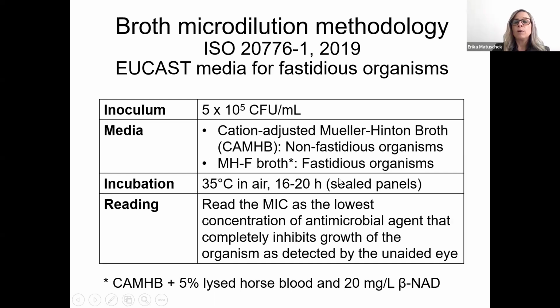So in the EUCAST documents, you will find the recommendation for fastidious organisms, which is to use MH-F broth, cation-adjusted Mueller-Hinton broth with 5% lysed horse blood and 20 milligrams per liter beta-NAD. And as you can see, very similar to disk diffusion, the MIC should be read as the lowest concentration that completely inhibits growth as detected by the unaided eye.